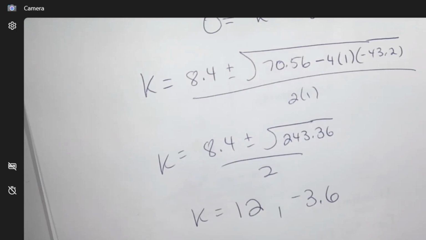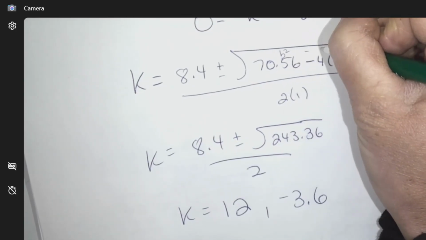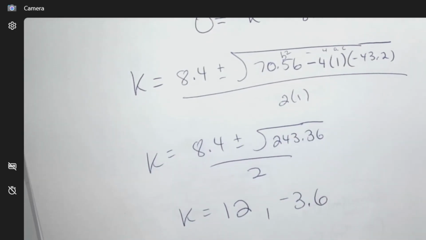How are your numbers looking on your formula? Are we matching? Did anybody get to the same place as me with the same numbers? This was good, b squared minus 4ac.